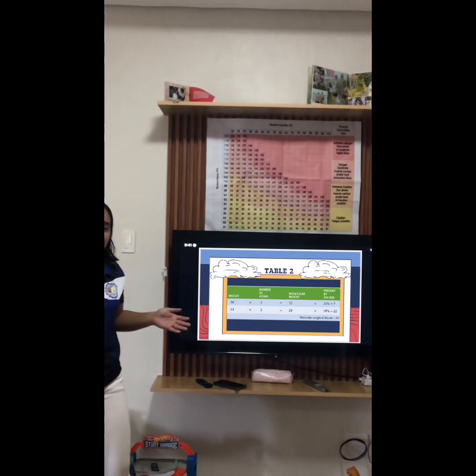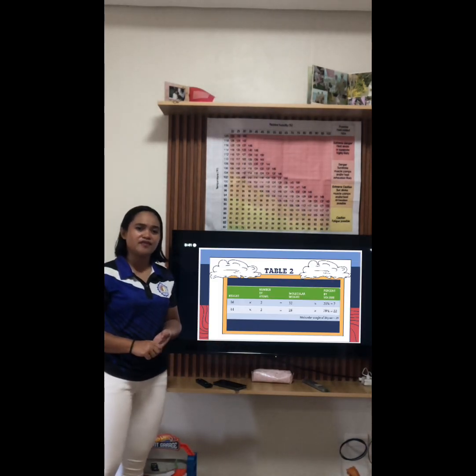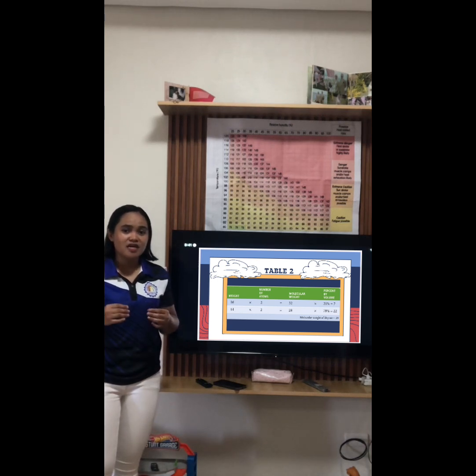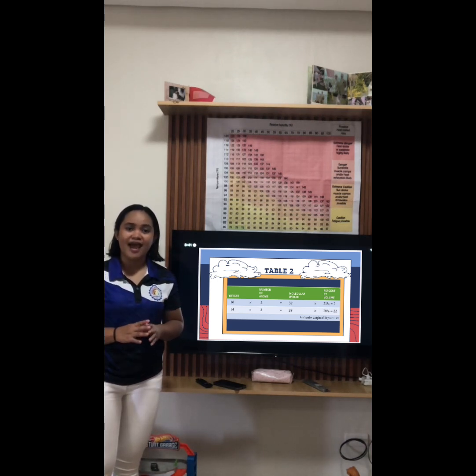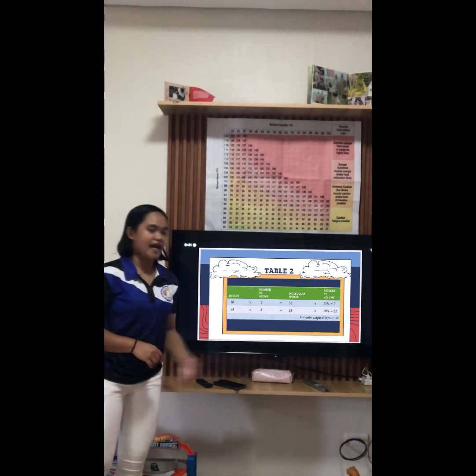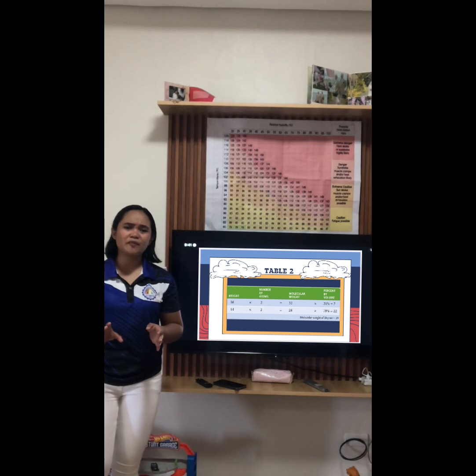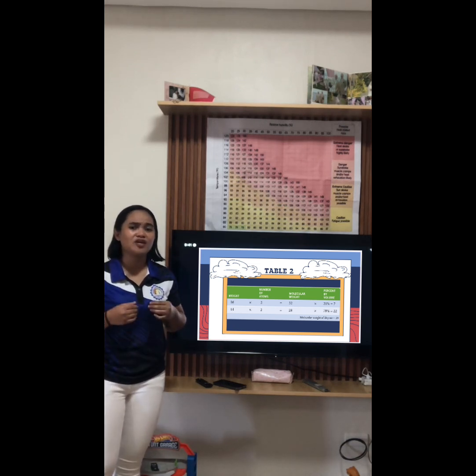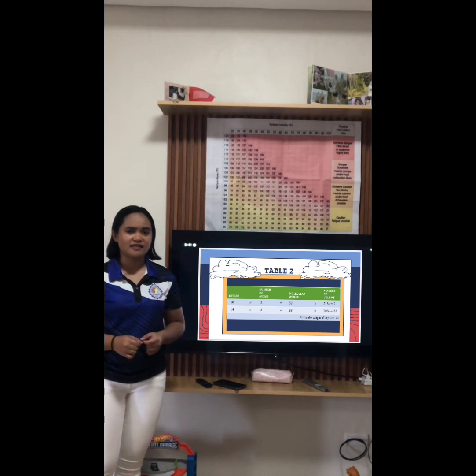Now, this table compares the molecular weight of gases in the air. Dry air, which consists mostly of oxygen and nitrogen, has a molecular weight of 29. Water vapor, with a molecular weight of 18, is much lighter, making humid air less dense.